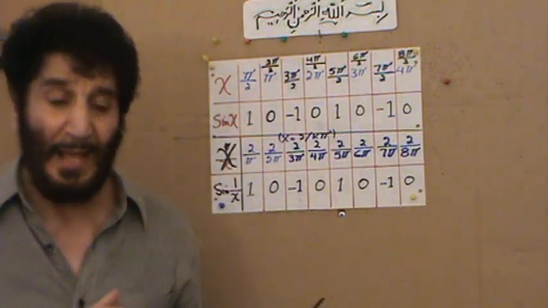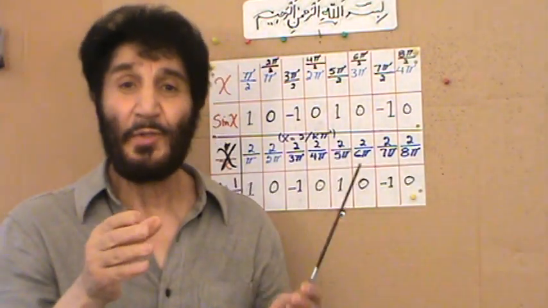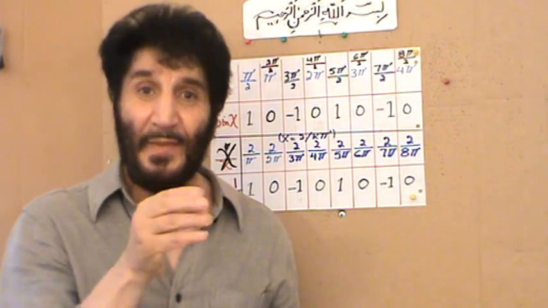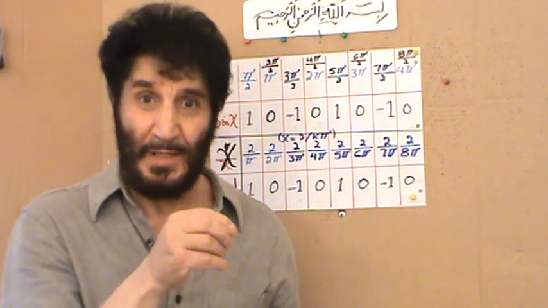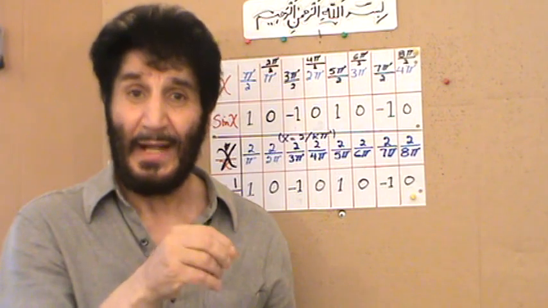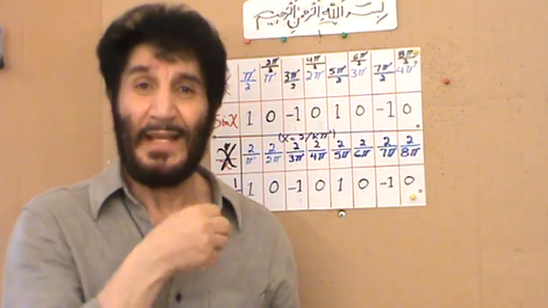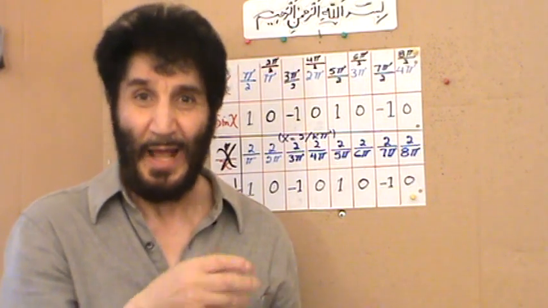Now the advantage of that is that I can put them on the x-axis, and now the values selected for the independent variable x are decreasing, approaching 0, but a specially selected set of them approaching 0.